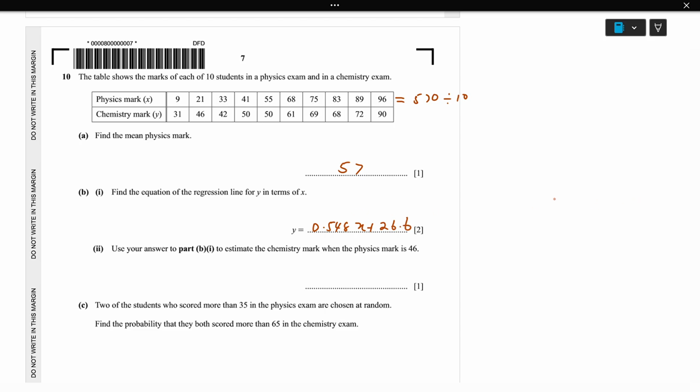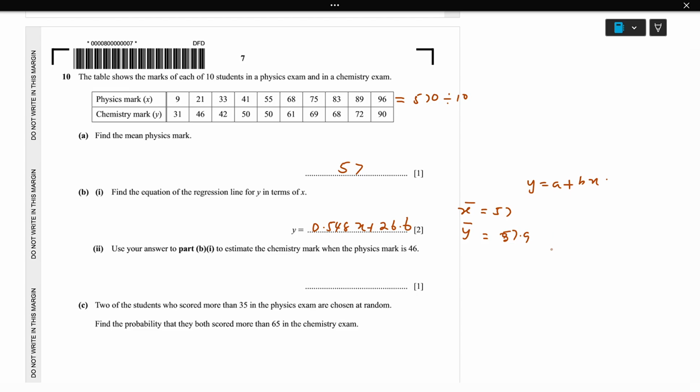Okay, because the line is y equals a plus bx, the mean value of x, the physics marks, is 57, and the chemistry mean value is going to be 57.9, because the total 579 divided by 10.